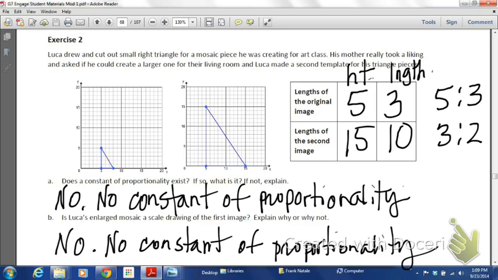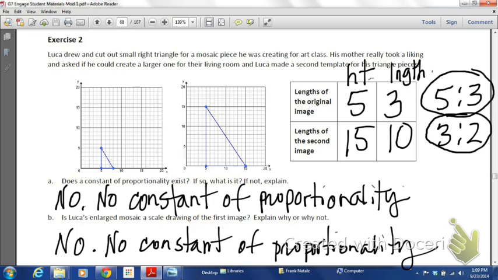The height of the original is 5, length 3, so we would have a ratio here of 5 to 3. The second image would have to match that ratio of the original. It does not. It's 3 to 2 in terms of its height to length ratio.